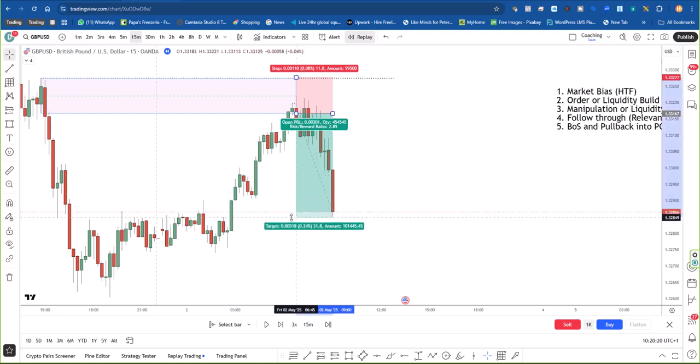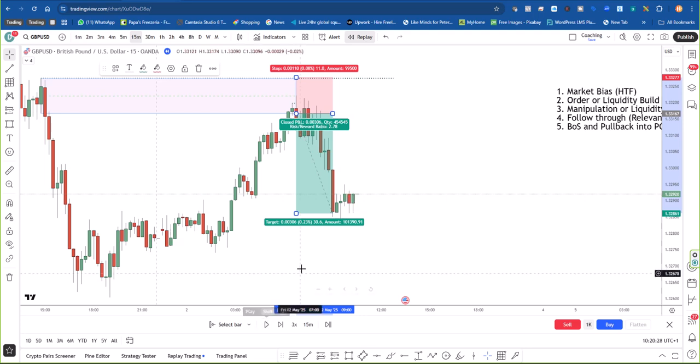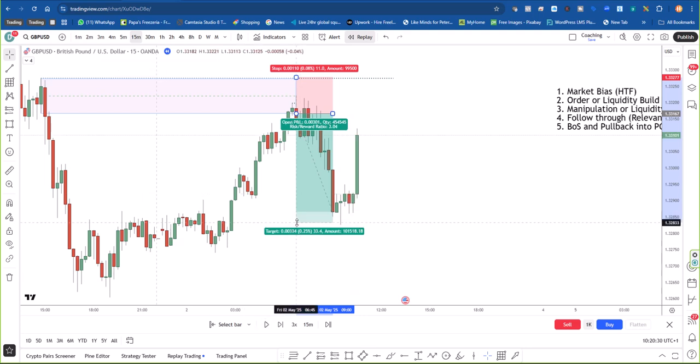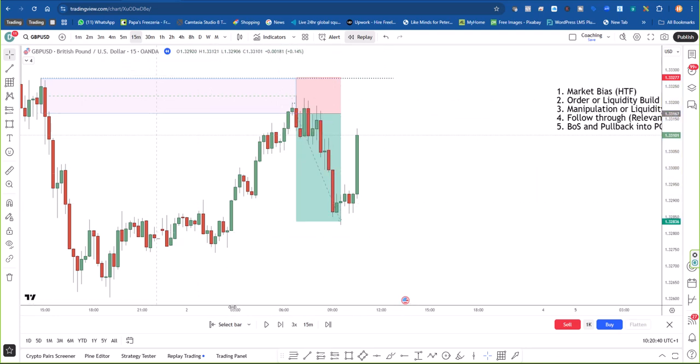So we will take this back and just get to this point first. So there was 3-1 before price then turned back. So either way, this was a profitable trade following all the rules, right?